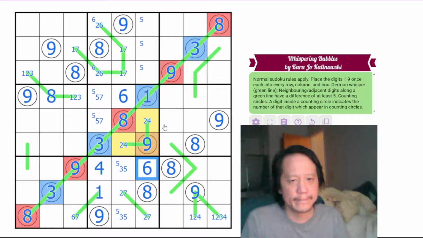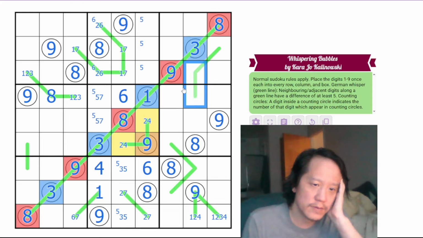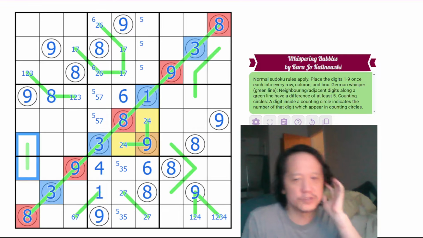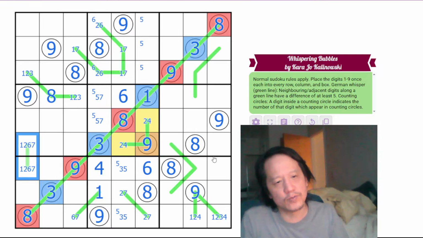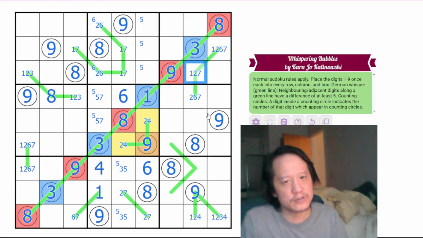One of these has to be 6 or 7. This is 6 or 7. So 6 or 7 with 1 or 2. This would be 1, 2, 6, or 7. This can't be 1. So this can't be 6.